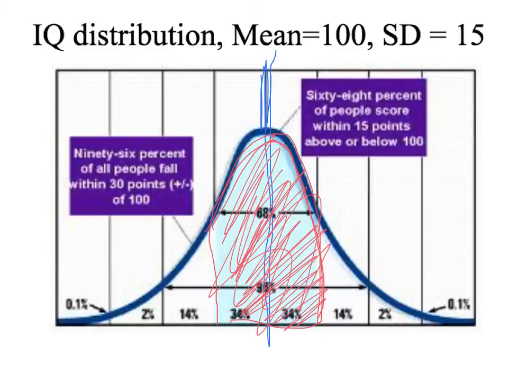And as people's scores vary more widely from the mean, the chunks in which they're sort of arranged get much, much smaller. So in all, this middle section had 68% of the population.